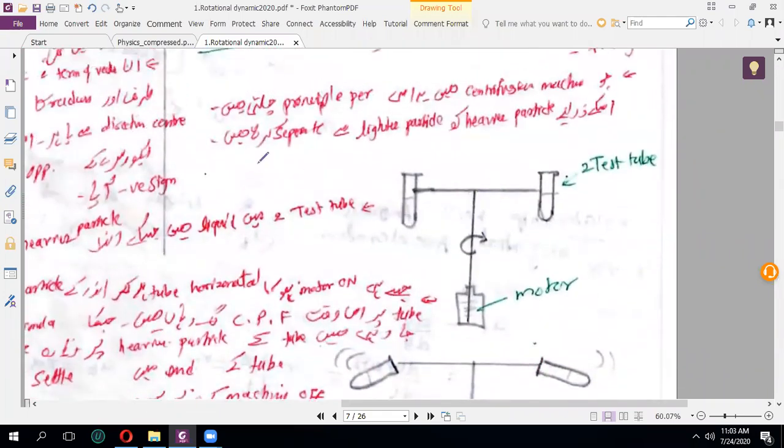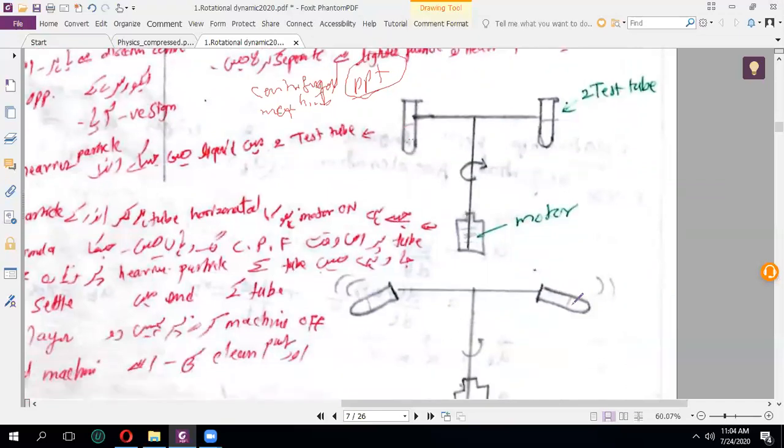Where are we using centrifugal force? In chemistry, the centrifugal machine, remember the centrifugal machine. It is important for precipitate. What this machine is doing is giving you a nice clear precipitate. How? Suppose in your liquid lots of small particles are there. When you move this machine, because of the force, these particles settle down at the test tube corner side.